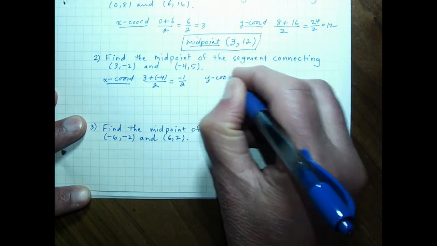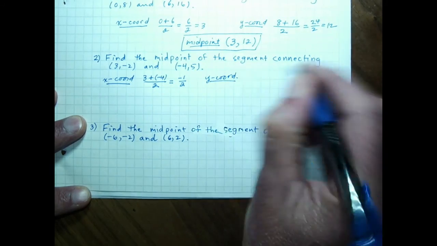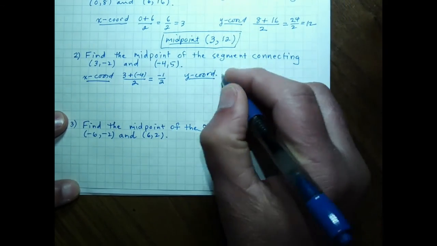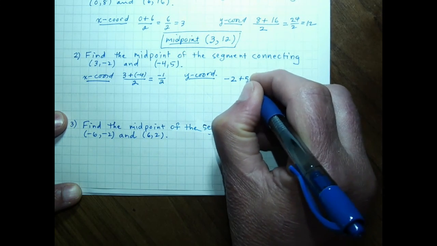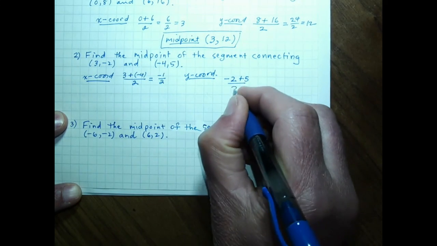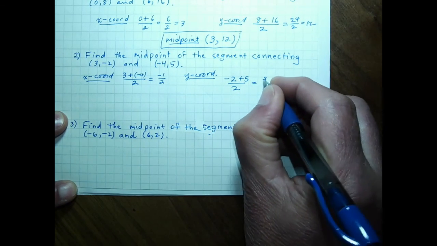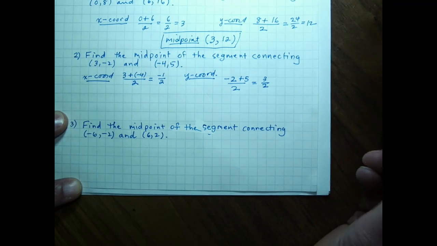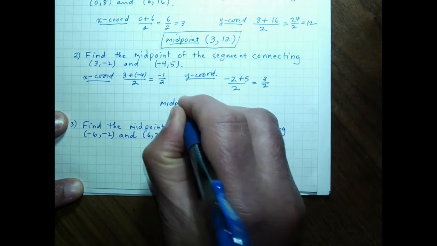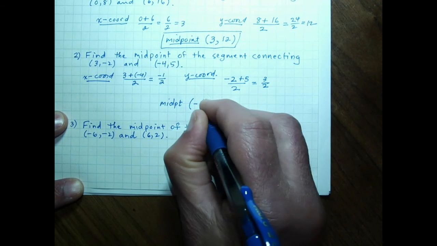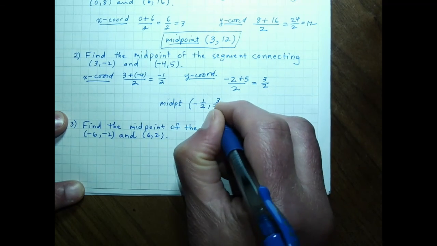For the y-coordinate of the midpoint, we're going to take the average of the y-coordinates, so -2 plus 5 divided by 2. That's 3 over 2, or 3/2. So our midpoint here is (-1/2, 3/2).